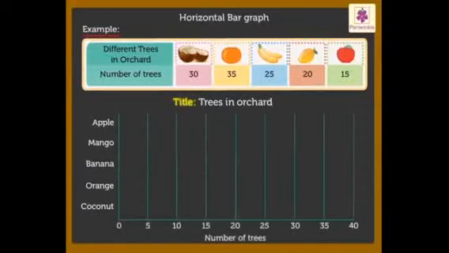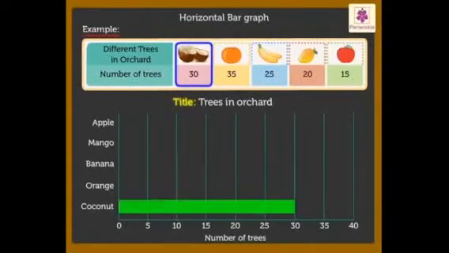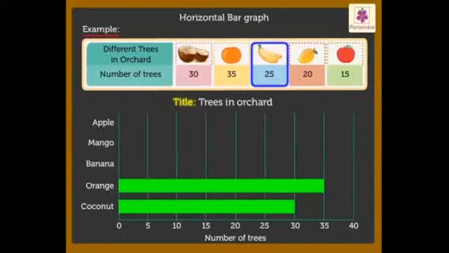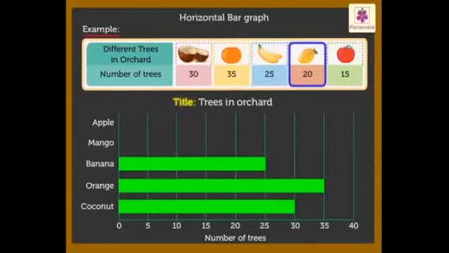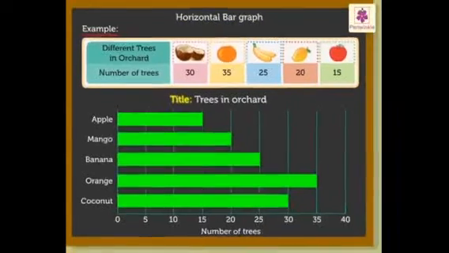Mark the numerical data on the horizontal axis. Step 5. Draw the bars of same width according to the data. Look, we have drawn a horizontal bar graph. Wasn't it fun?